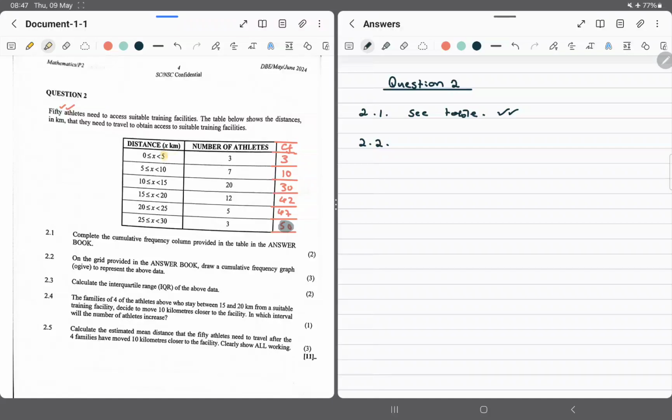We plot the upper values of each class with the corresponding cumulative frequency value. So that's what we plot on the cumulative frequency graph, or an Ogive.